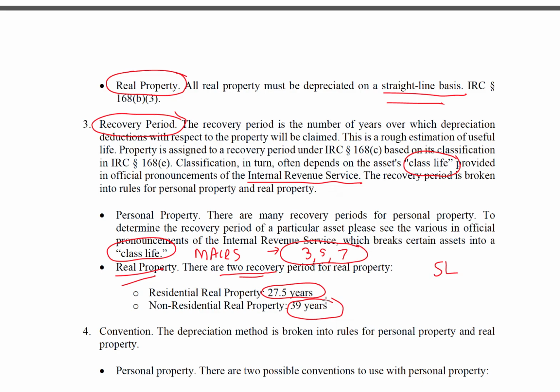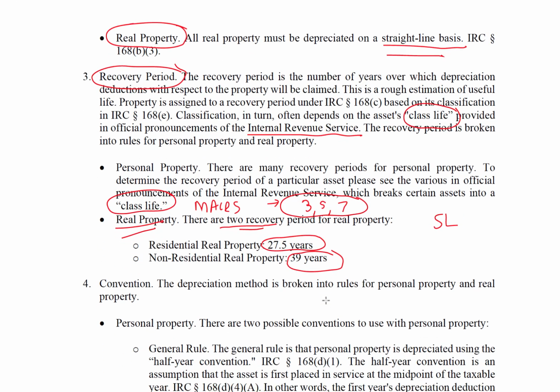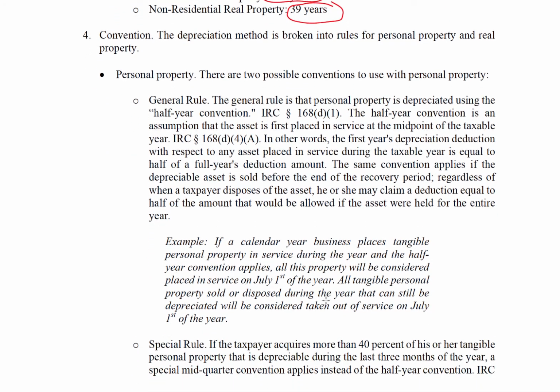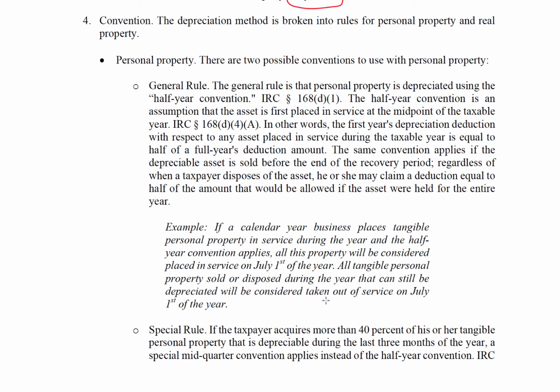Okay, and it's an investment or a business. All right. So the last topic with respect to the depreciation mechanics, which tends to be the most difficult for students and practitioners and anyone that's learning about this for the first time, is the convention. So we talked about the method, right? Straight line for real property versus double declining balance, accelerated, for personal property.